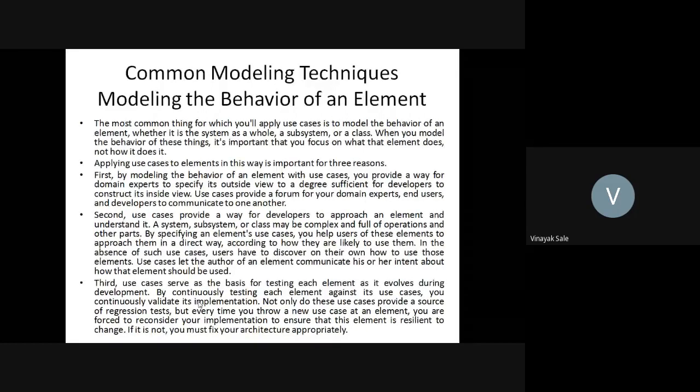The most common thing is that you will apply use cases to model the behavior of an element, whether it is a system as a whole, a subsystem or a class. When you model the behavior of these things, it is important to focus on what the element does, not how it does it.